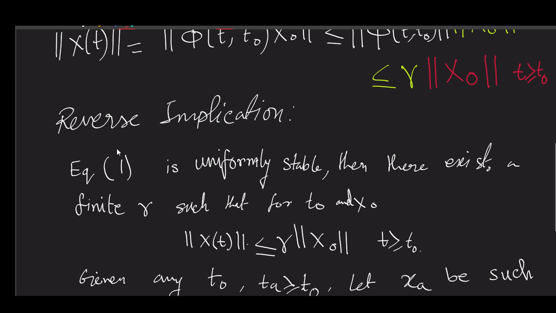Now we will do the reverse: we will consider that 1 is uniformly stable, and then we will establish that for uniformly stable 1 there will be a finite gamma such that for t naught and x naught they satisfy this equation.